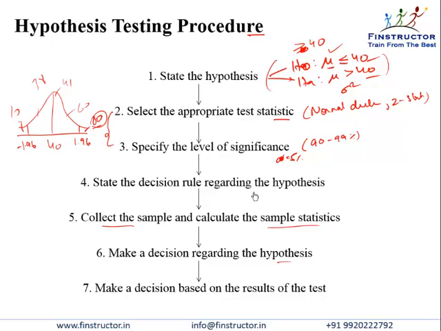State the decision rule regarding the hypothesis that will come from the confidence level and the test statistic. So what is considered too extreme? Collect the sample and calculate the sample statistic, that is the mean of a sample, and then compare it with the decision rule and make a decision regarding the hypothesis, and finally use those results in your economic application, whatever it may be.